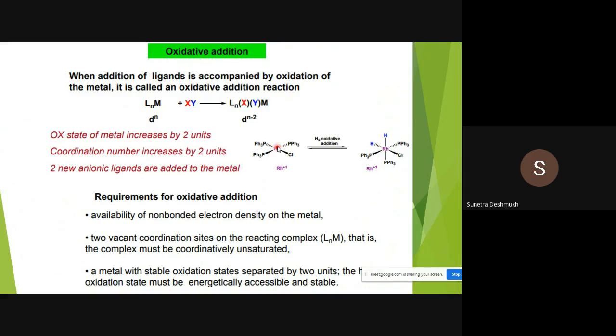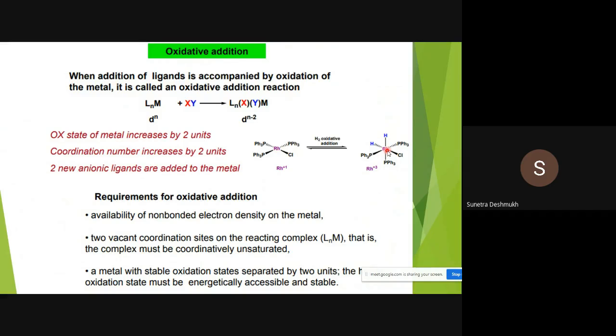Rhodium should have some empty space, an empty orbital, to accommodate these two hydrogen atoms. So here you can see two hydrogen atoms getting added to this rhodium.